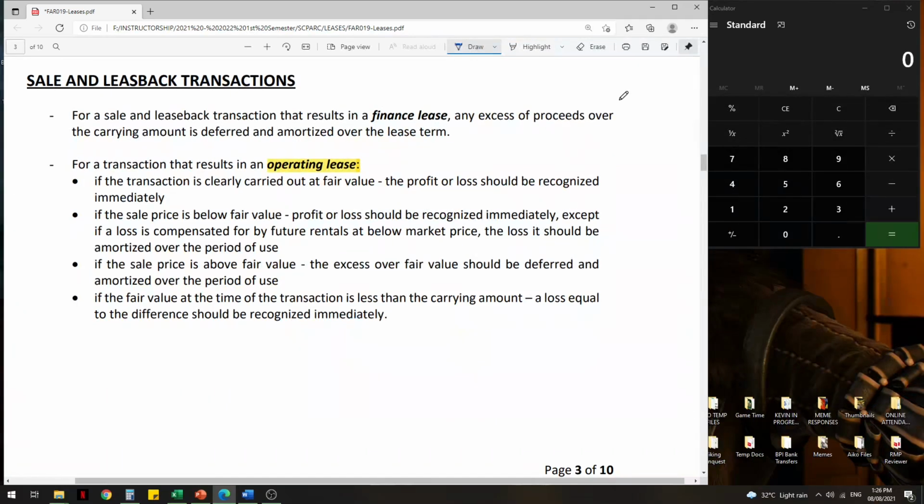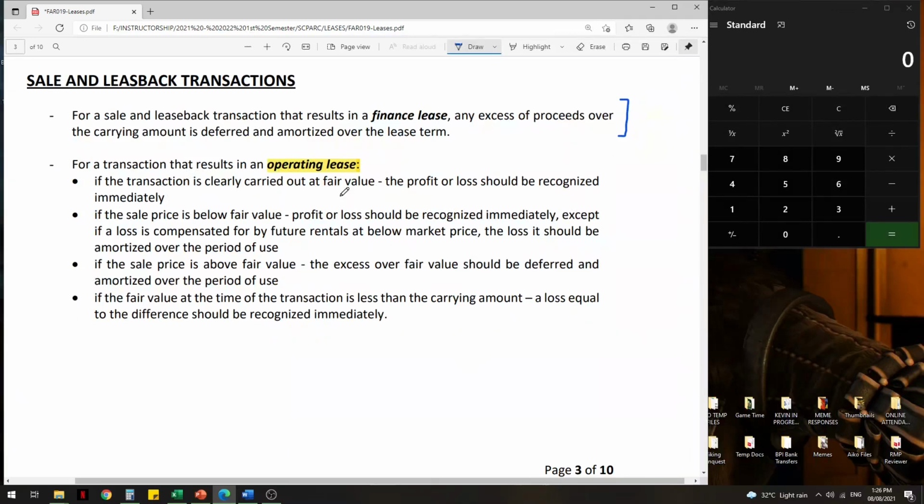Please disregard the provision up here since meron na po tayong clear guidance on finance lease accounting under our IFRS 16. But in PAS 17, ito po yung provisions kung ang isang leaseback mag-result in an operating lease. So for a transaction that results in an operating lease, if the transaction is clearly carried out at fair value, the profit or loss should be recognized immediately.